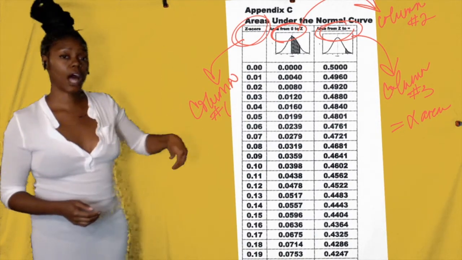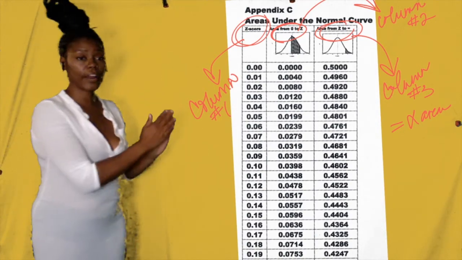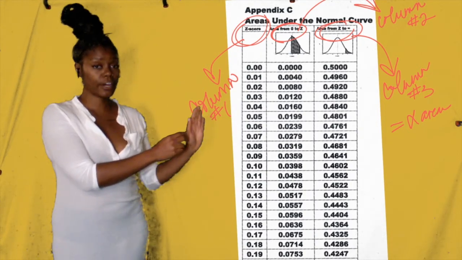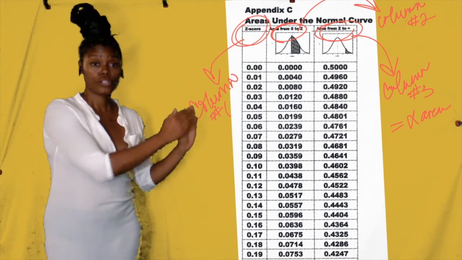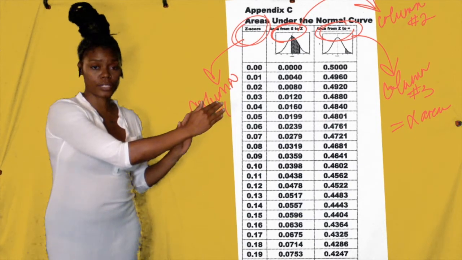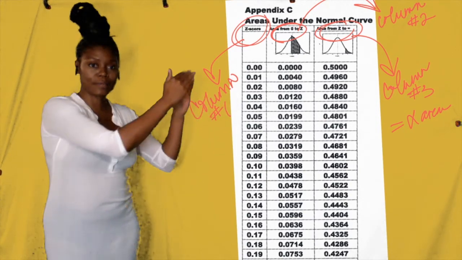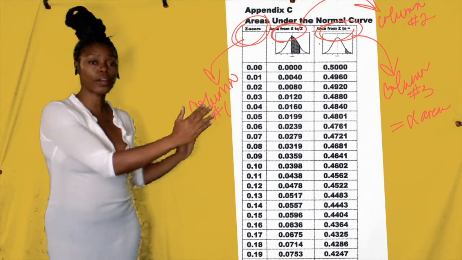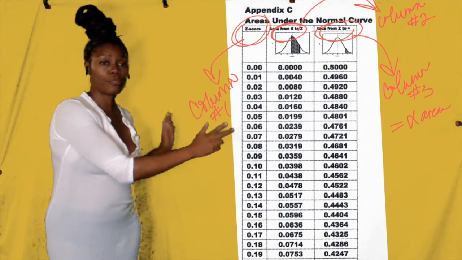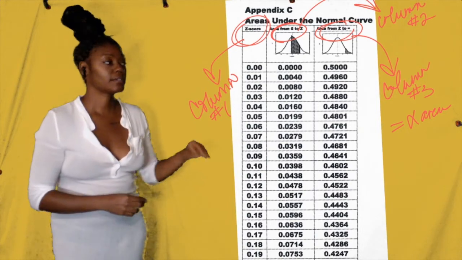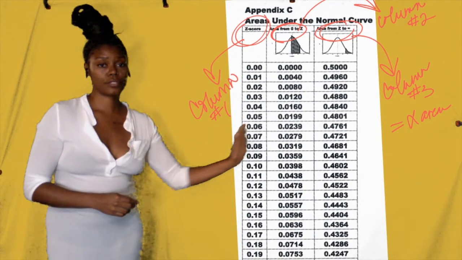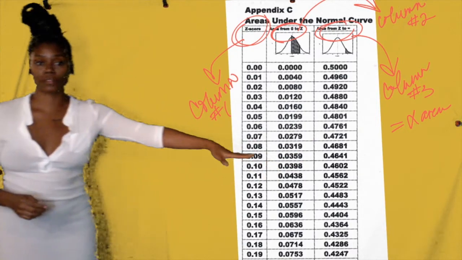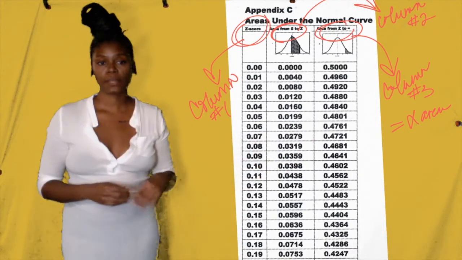The second column is the area under the standard normal distribution from 0, which is the mean, to that particular z-score. And that would tell us something about the area around the mean. We're interested in column 3, which tells us something about a particular z-score to infinity through those tails. Remember, that's what we're trying to project.